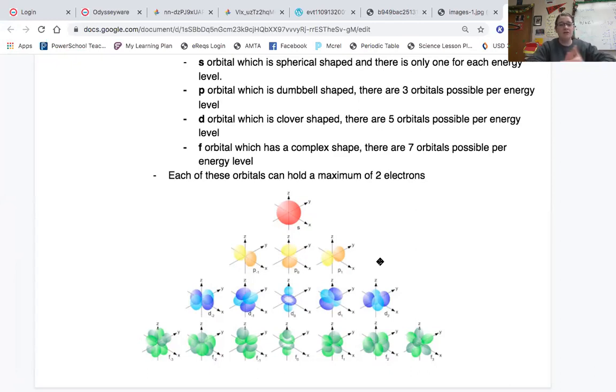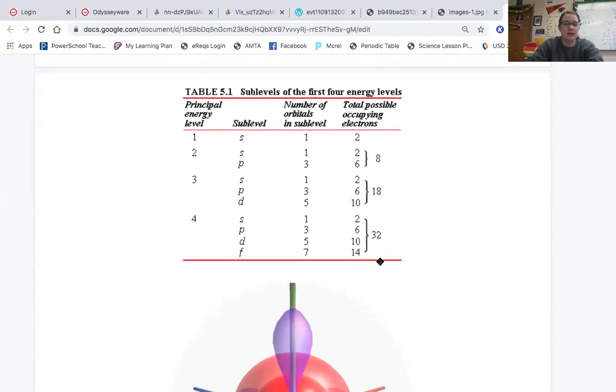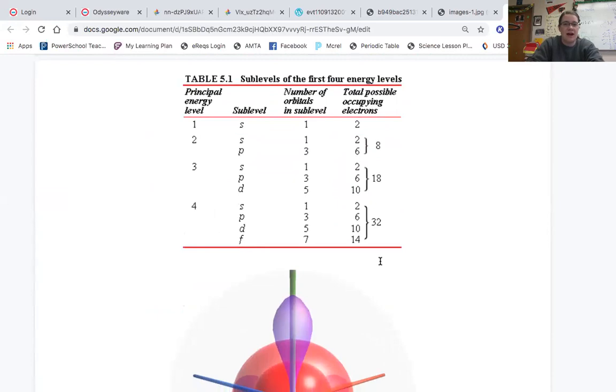Now, each energy level does not have all of these sublevels. It actually depends which energy level you're in, which sublevels you have. Looking at energy level 1, you can only have one sublevel, and that is the s sublevel. If you can only have 2 electrons in that one sublevel, energy level 1 gets full with 2 electrons.